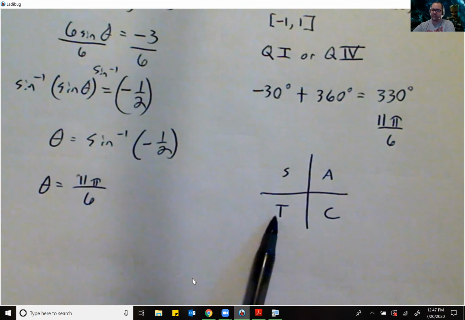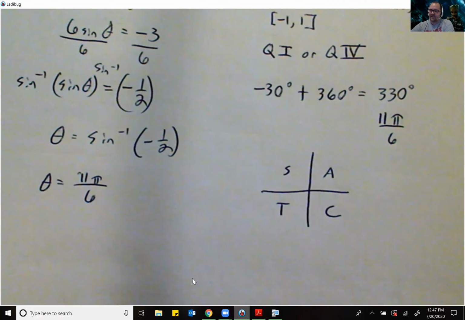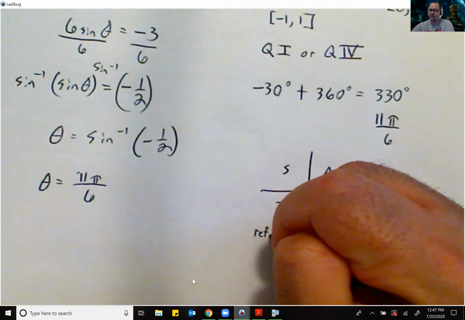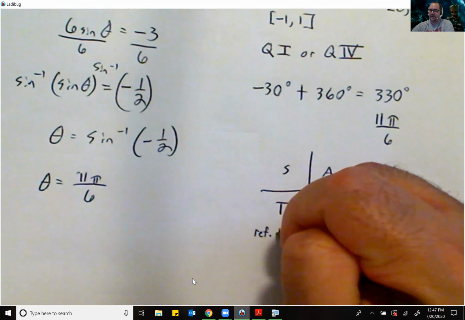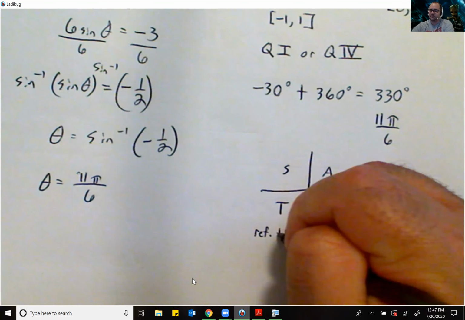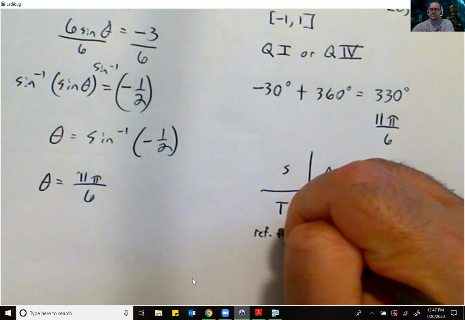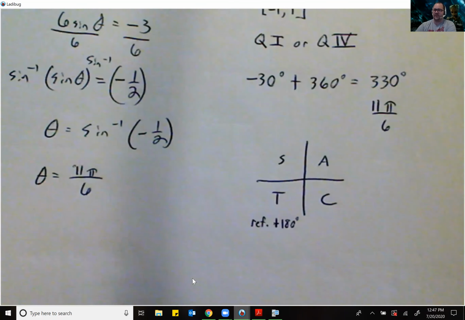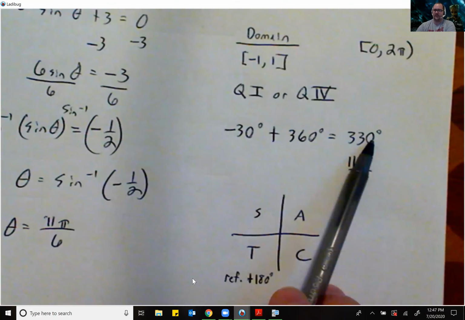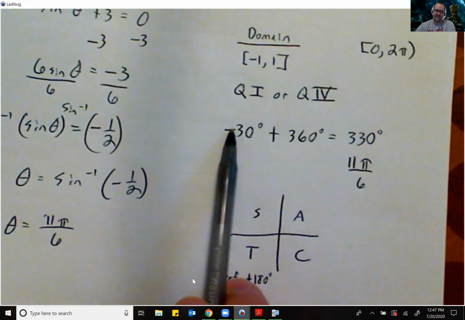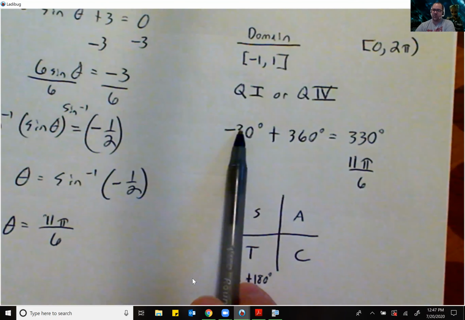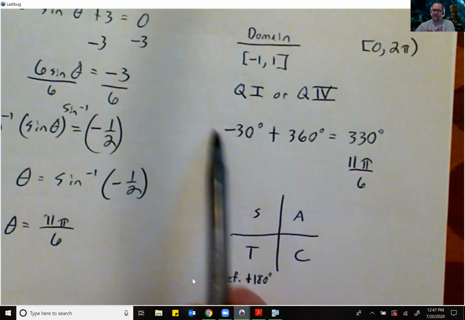In order to get quadrant 3, we're going to take the reference angle plus 180 degrees. So we need to find the reference angle to this. Well, you actually already know what the reference angle is. It's this guy. Just take the negative off of it. So our reference angle is 30 degrees.